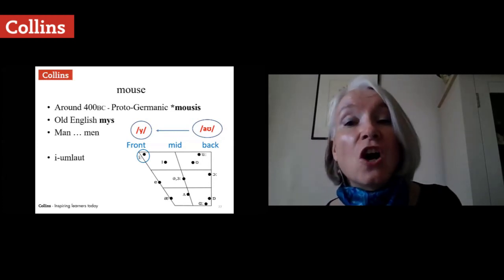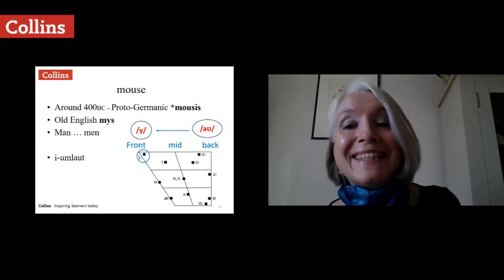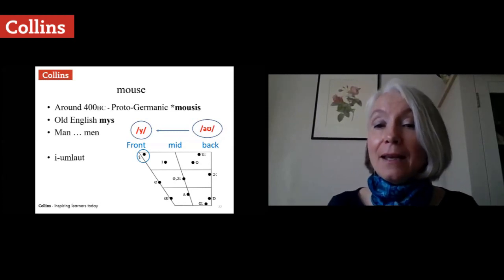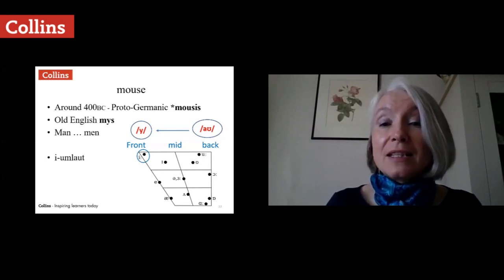So this is where our chart is useful again. If you look at the word mooses, you can see that oo is said at the back. You'll see the U with the length mark after it, under the word back. And you'll see that oo and e are both made at the front of the mouth.